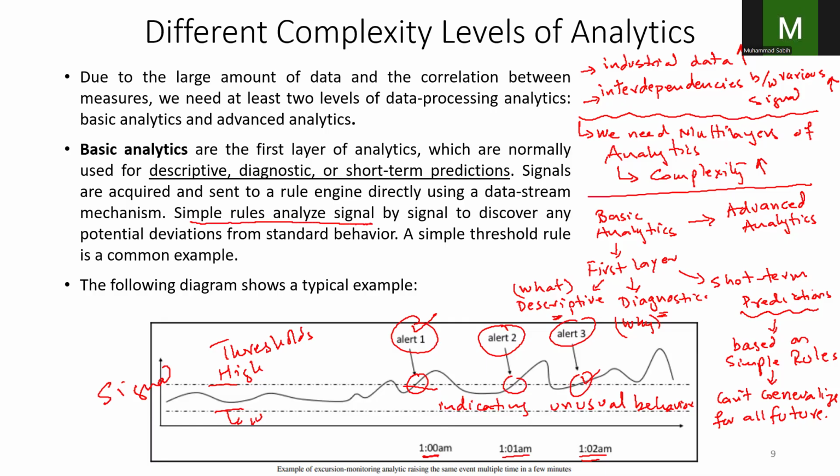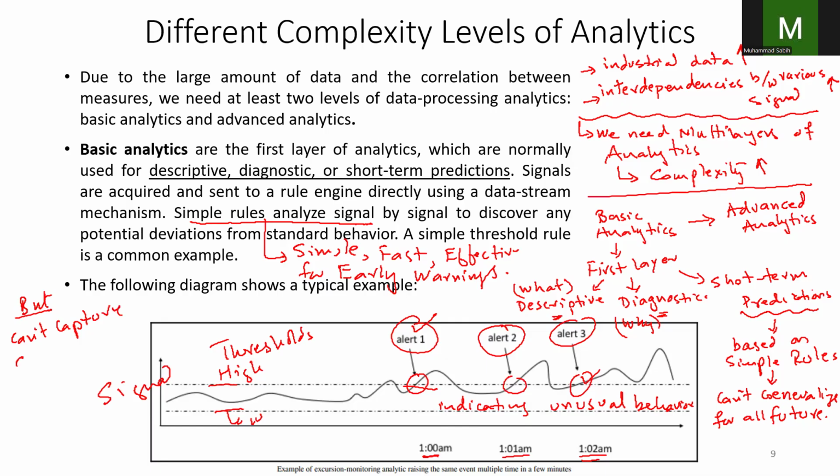So these are rule-based detections, and the benefit is that these simple rule-based analyses are simple, fast, and effective for early warnings. But there is another problem: they can't capture complex relationships or deeper causes.